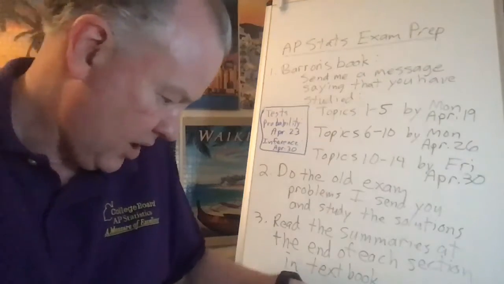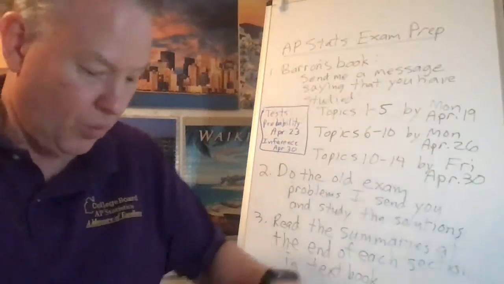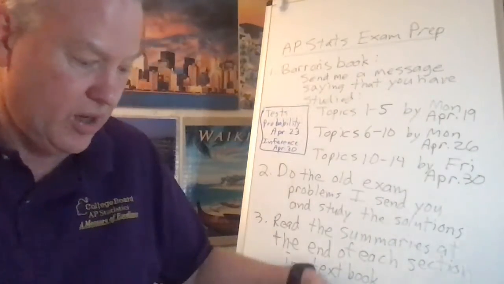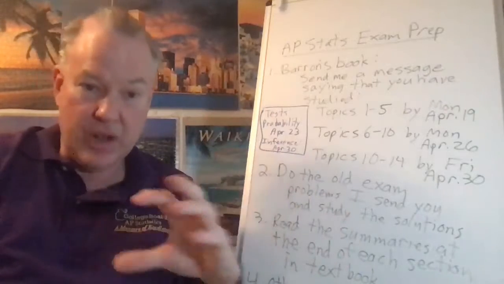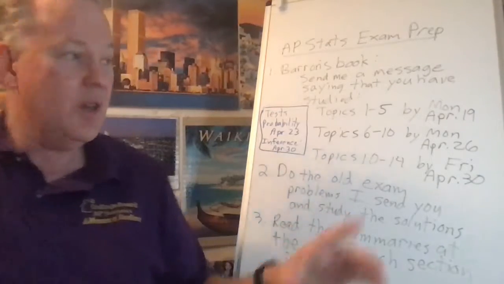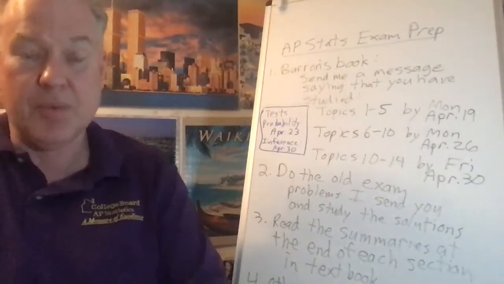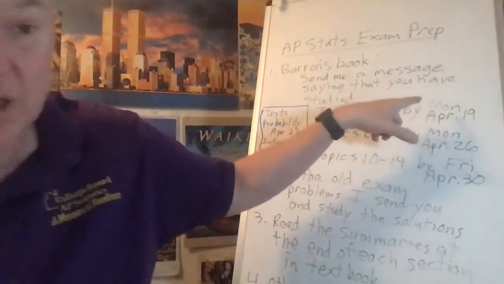So that was topic 1, and then it goes on, and there's 14 topics. If you just tell me that you've read the topic and you've studied the topic, then you'll get credit for that topic. But make sure to do it on time so you can get full credit.